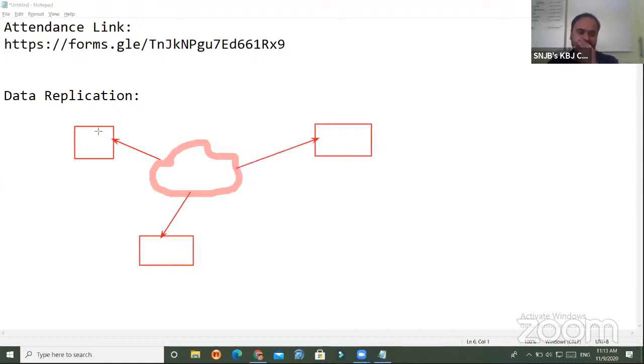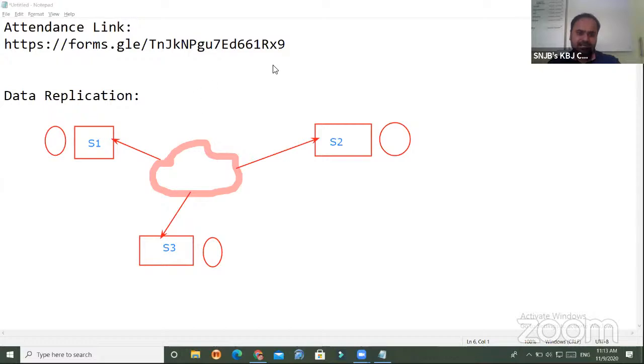Suppose this is site 1 and it has its own database. I'll simply draw this as a database. This is the database of this site, this is the database of this site, and this is the database of this site. So here it is site 1, S1, here site 2, and here site 3, that is S3. We have sites, and every site has its own database.